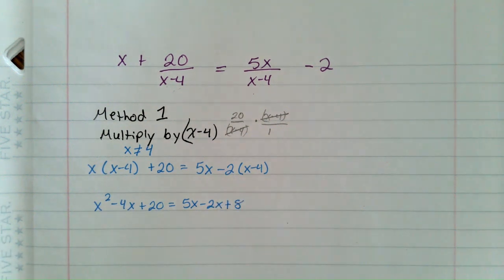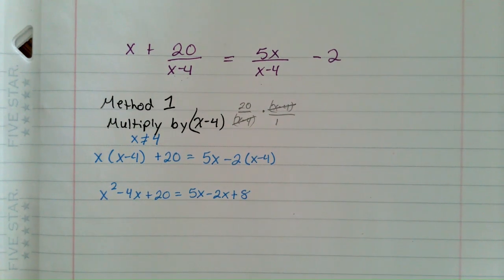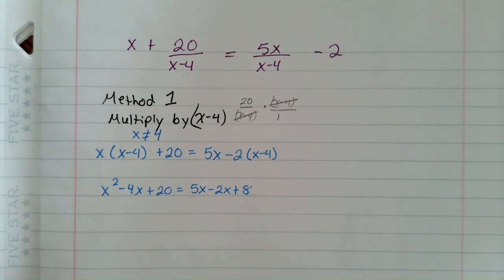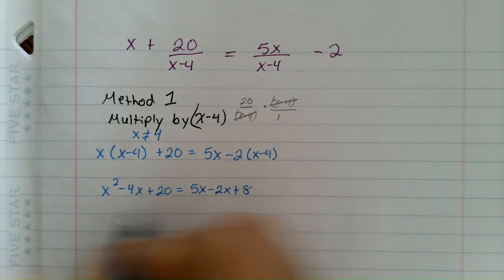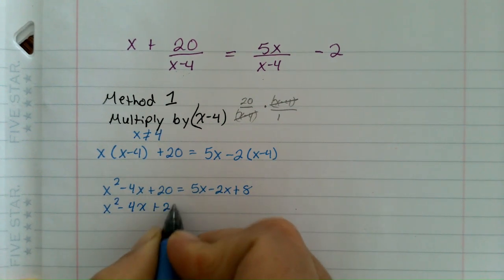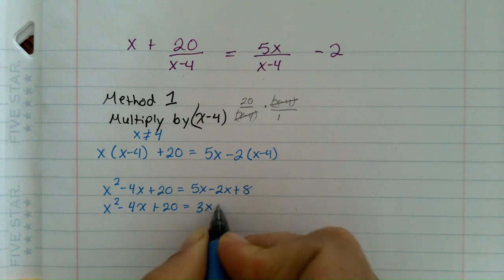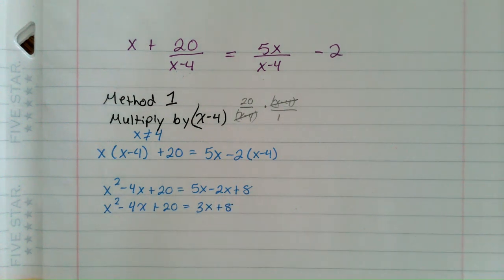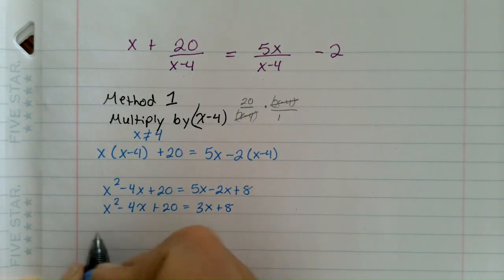Keep in mind that negative distributes through. Sign errors are one of the most frequent problems that I notice in these. The right side is not simplified, so I'm going to simplify it before anything else. 3x plus 8. Now it's quadratic, so I'm going to make it equal 0.